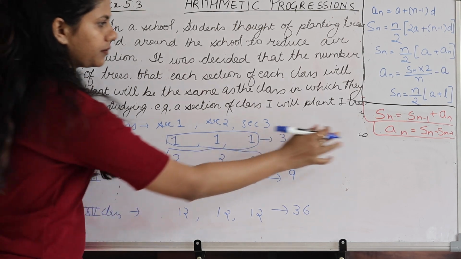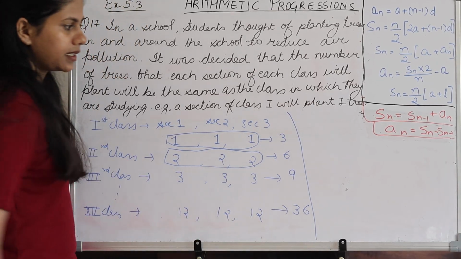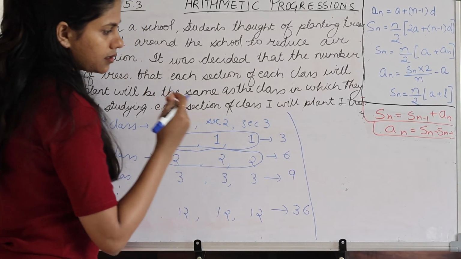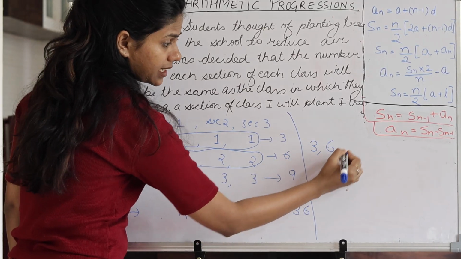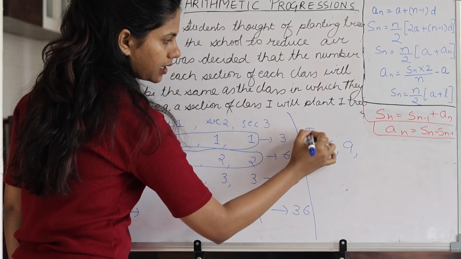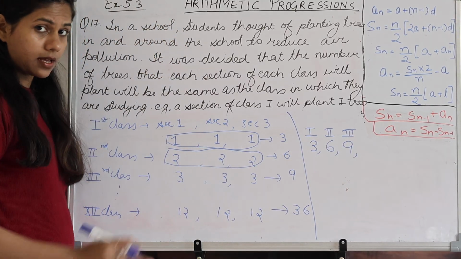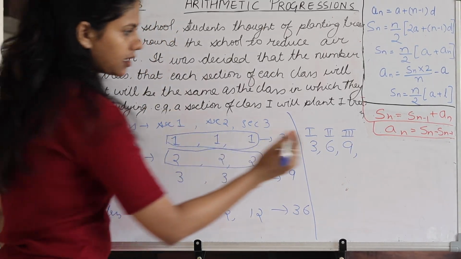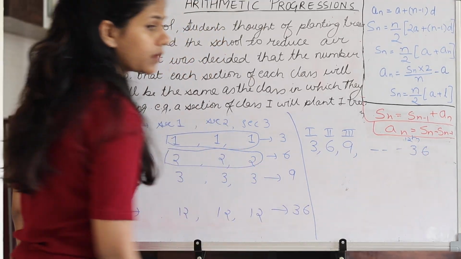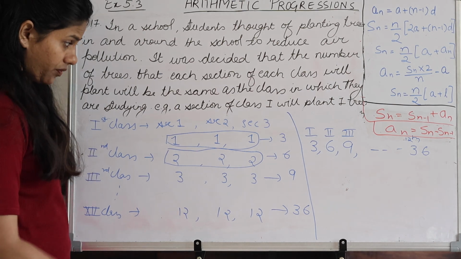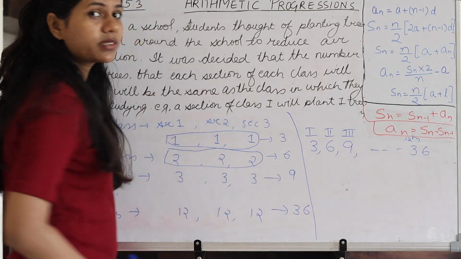If you see here, we have a sequence: first class is 3, second is total 6, third is 9, and so on, where each is the total of all sections. 12th class is 36. Now we have to find out the total number of plants which are planted.